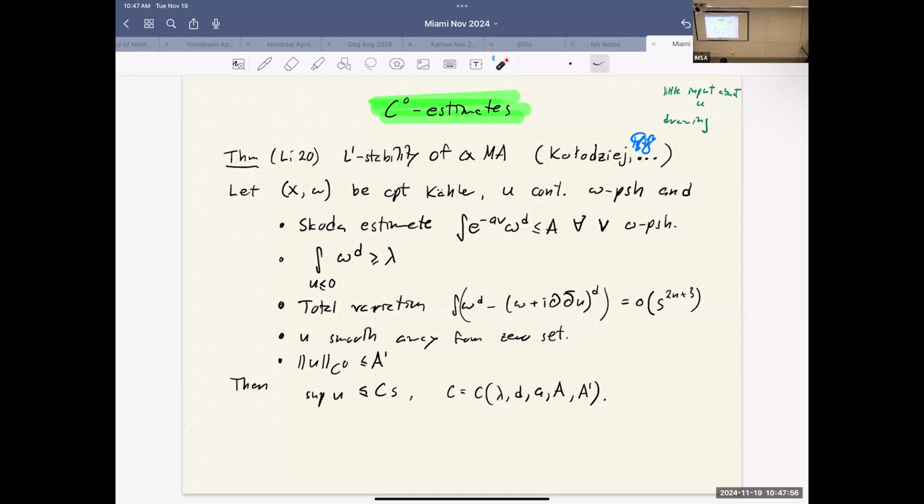And what it says is that if we start with a compact Calabi-Yau manifold, and we have a continuous omega-plurisubharmonic function u, such that i ∂∂-bar of u plus omega is semi-positive.